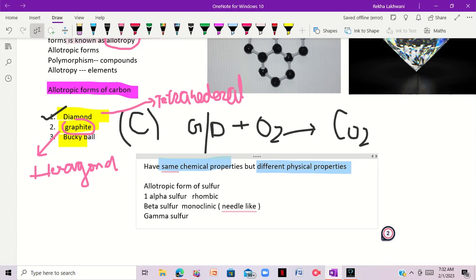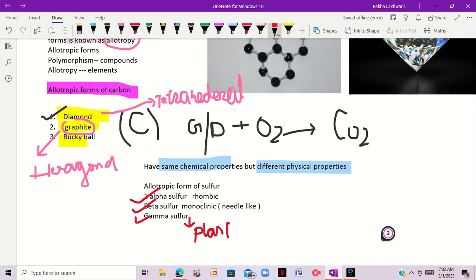So these are the allotropic forms of sulfur. First is alpha sulfur, second beta sulfur, and third is gamma sulfur. Gamma sulfur is also known as plastic sulfur. It is actually an amorphous form.